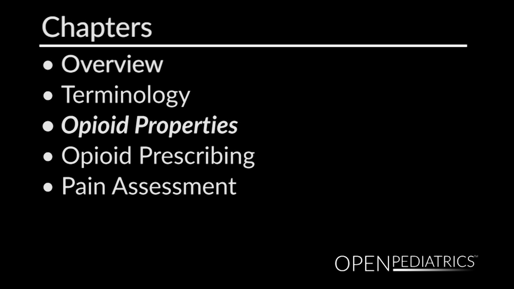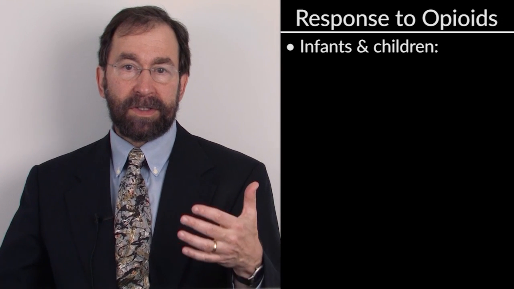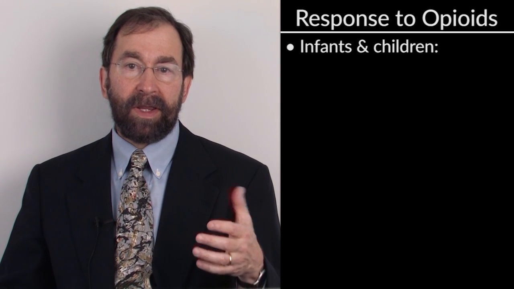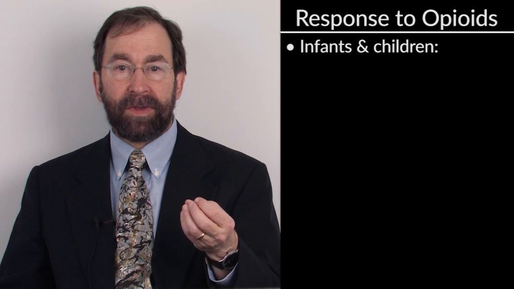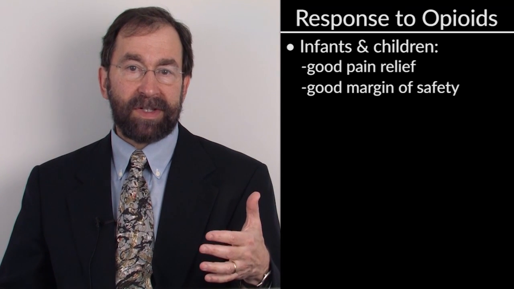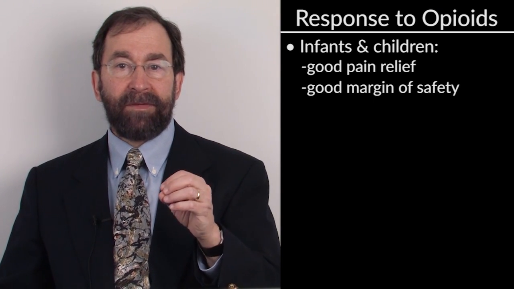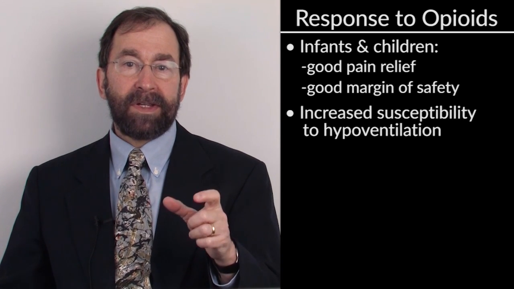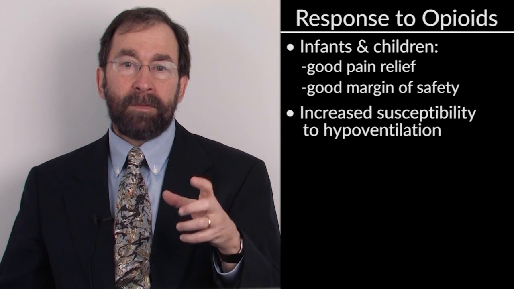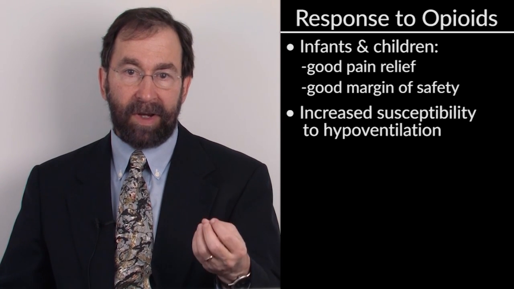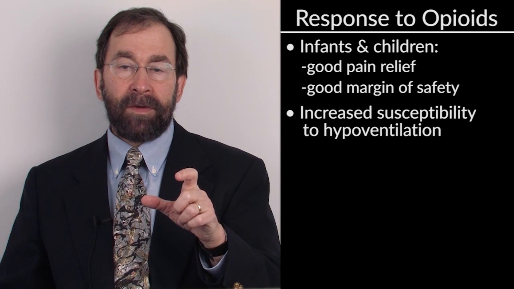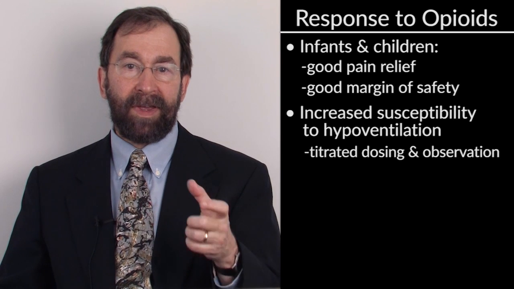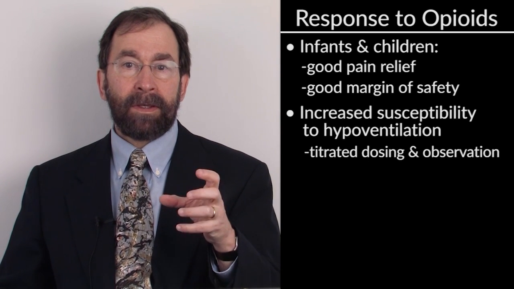Opioid properties. In general, infants and children with cancer, with sickle cell disease, or with major surgery respond to opioid analgesics with good pain relief and with a good margin of safety. Infants may have an increased susceptibility to hypoventilation due to opioids, and those infants that are naive to opioids, meaning those who have not been prescribed them previously, should have particular attention to titrated dosing and observation to prevent episodes of hypoventilation.